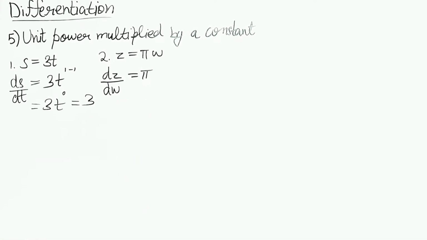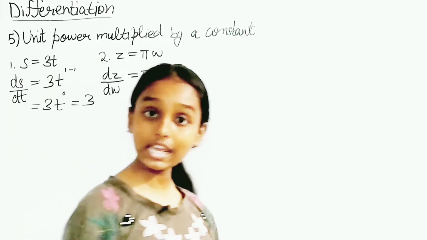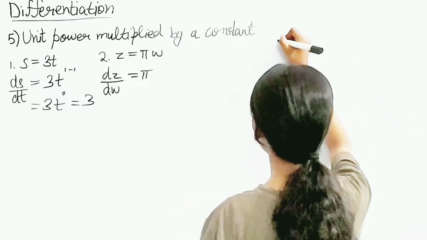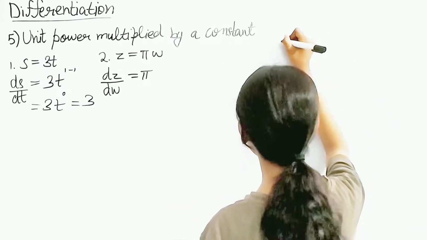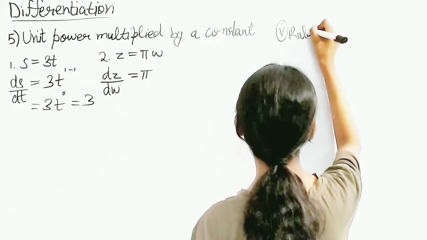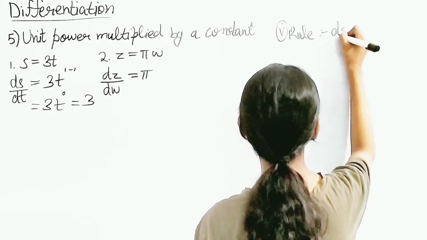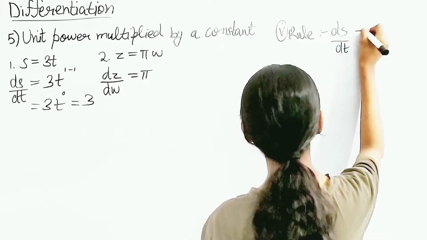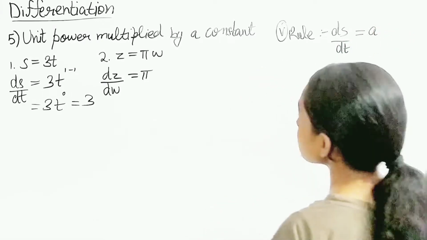We're done with our first one for today, and the rule we used is the fifth rule: ds by dt is equal to a, where a is a constant.